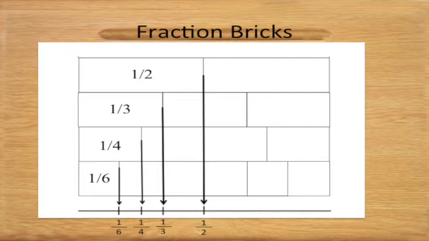And in looking at these pieces, as was demonstrated in the video, we can take these pieces and align them in the interval, showing that 3 1/3 will give me 1, 4 1/4 will give me 1, 6 1/6 will give me 1, 2 1/2 will give me 1. So in aligning it and then using it as a comparison.